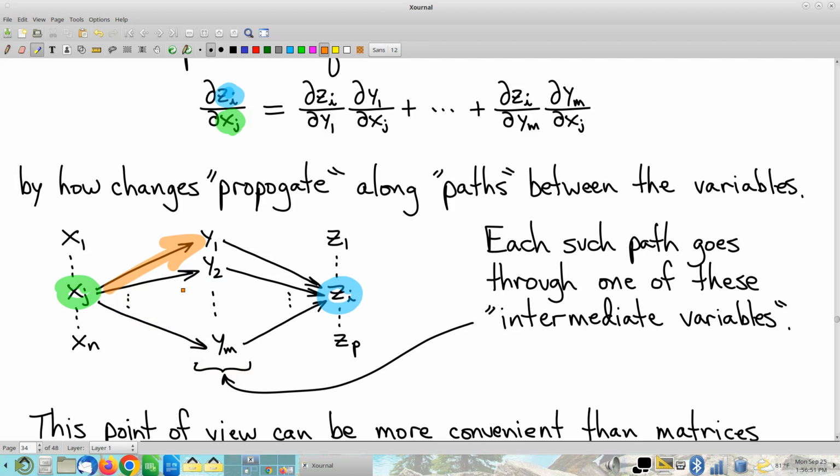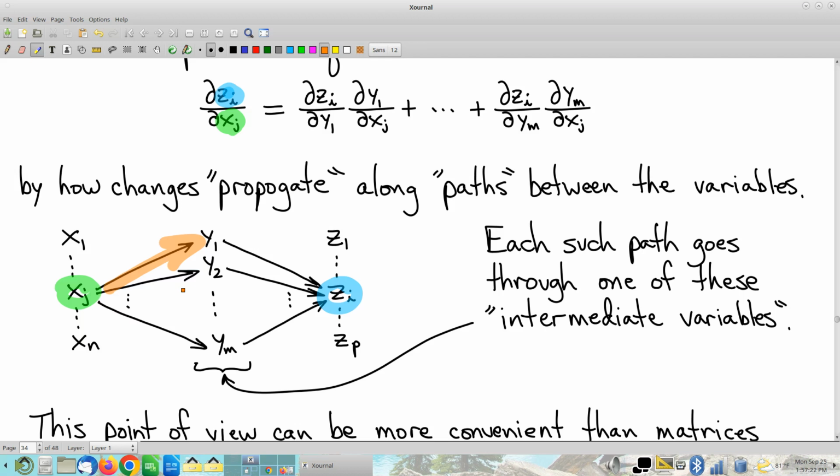As xj changes, that causes y1 to change. xj changes by a certain amount, y1 changes by a certain amount. What's the proportion between those? Said differently, what is the factor that I multiply by the change in xj to get the change in y1? That's a partial derivative. That's one of the primary interpretations of a partial derivative: it's what you multiply by this input change to get that output change.